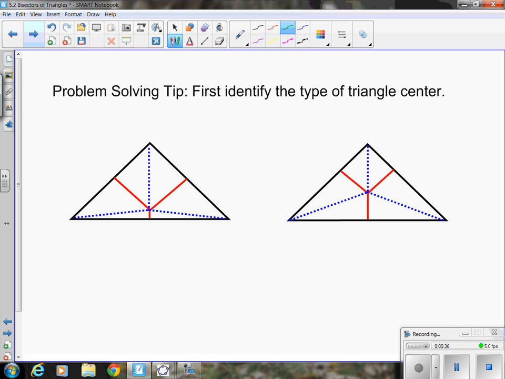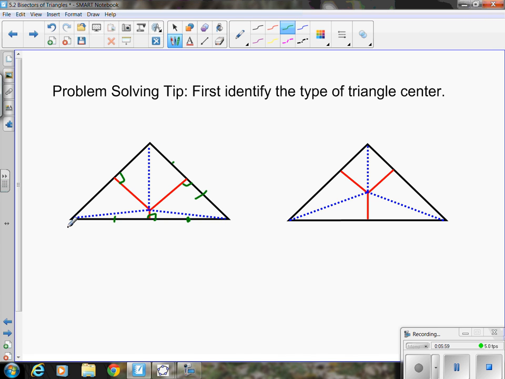If you're given a picture, they might not always tell you what's going on. You've got to look at it, and right away I see these blue lines. That is not an angle bisector. How about the red lines? The red line looks like it's in the middle. This segment's about the same length as that. That looks like a right angle. So right here I'm seeing perpendicular bisectors, these red lines.